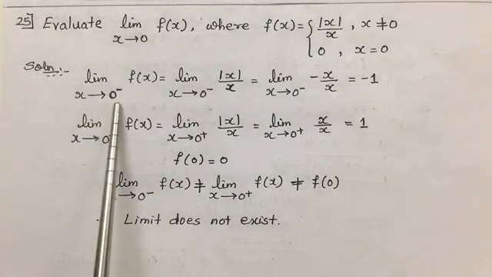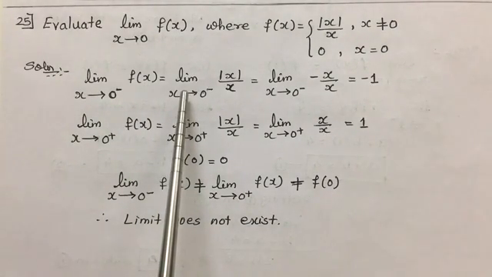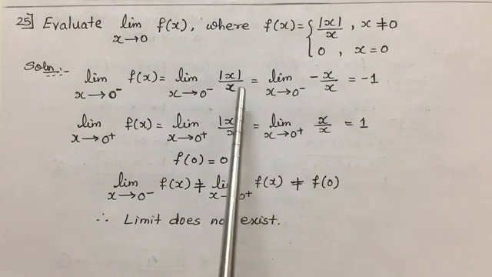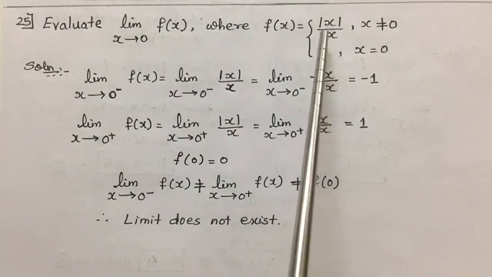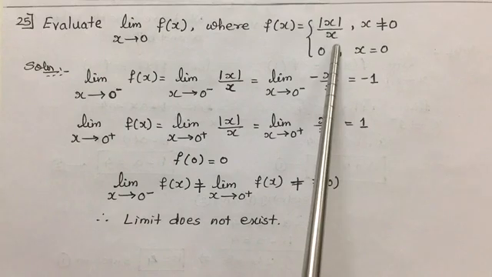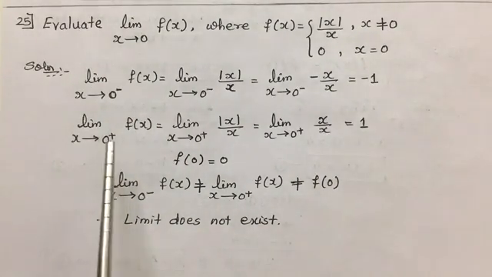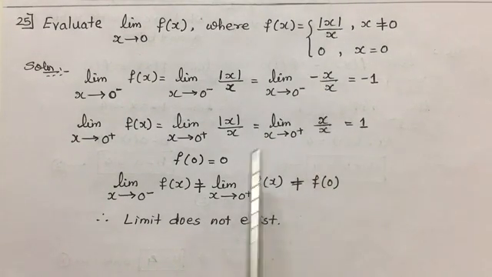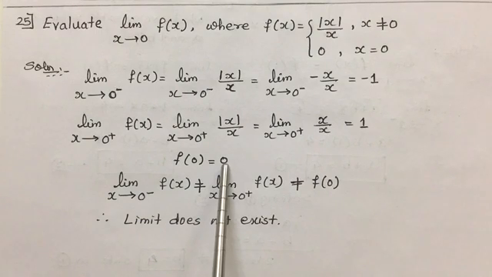Taking up limit x tends to 0 minus of f(x), keeping f(x) as mod of x divided by x. Now here we will be considering the first function, that is mod x divided by x, both for 0 minus as well as 0 plus. And 0 will be considered only for the value of x is equal to 0, that is f(0) will be equal to 0.